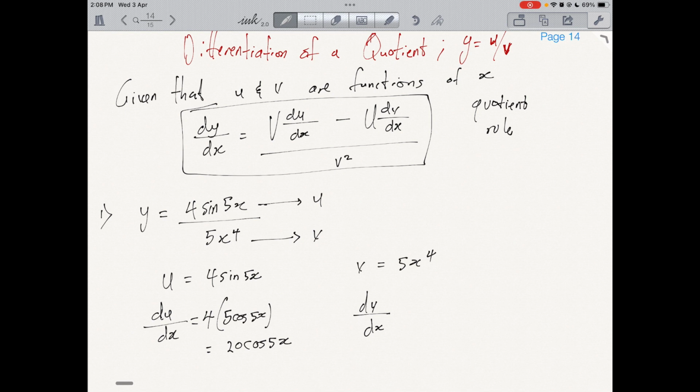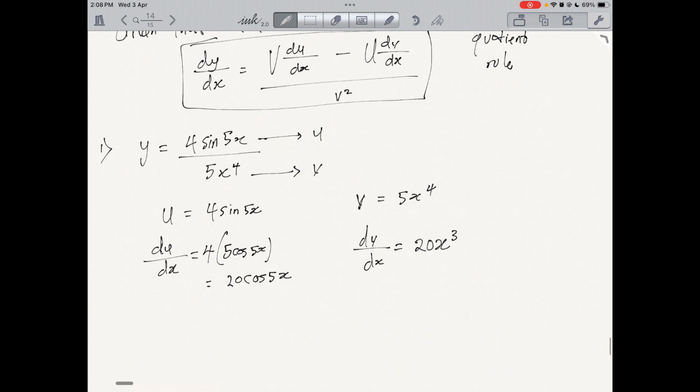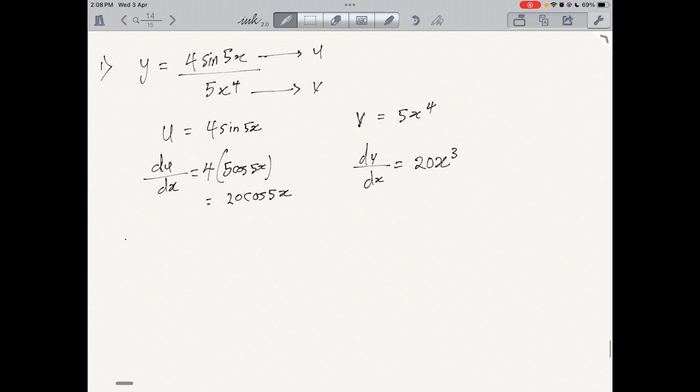And differentiating v now with respect to x, let's apply the first rule of differentiating y equals ax raised to power n. So we have 20x raised to power 3. So let's apply our formula that says dy/dx is equal to v du/dx minus u dv/dx divided by v squared.